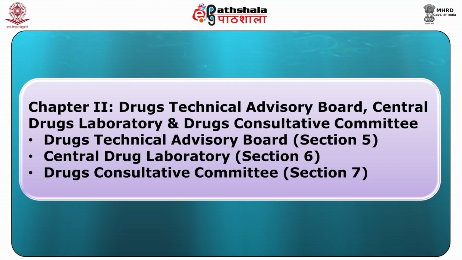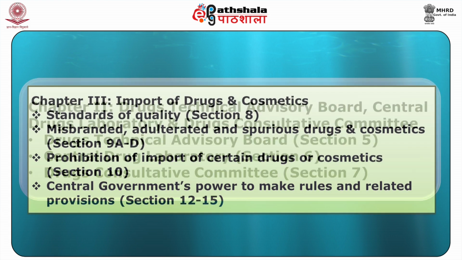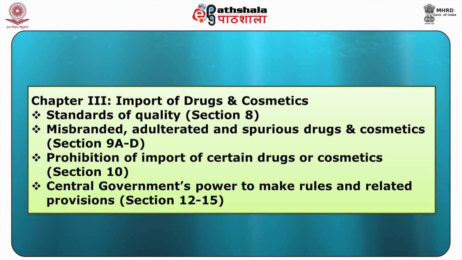If you look at the sections under this chapter, section 5 relates to the Drugs Technical Advisory Board, section 6 relates to the Central Drugs Laboratory and section 7 pertains to the Drugs Consultative Committee. Chapter 3 deals with the import of drugs and cosmetics, and under this section 8 deals with the standards of quality.